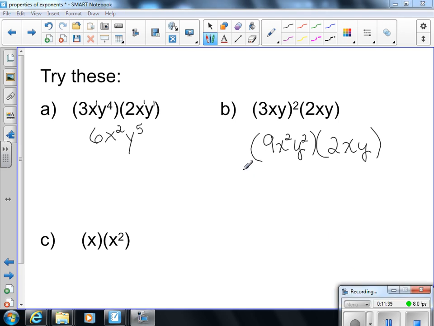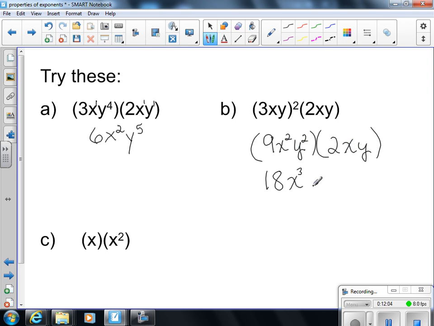Okay, I'm not finished yet. What can I still do? I'm not even adding, I'm just multiplying. So do I need the parentheses anymore? No, and you can just visualize, I just remove all those parentheses. 9 times 2 I can do, and I get 18. I can take an x squared times an x to get x to the third. Remember, you use the addition property of powers or exponents.